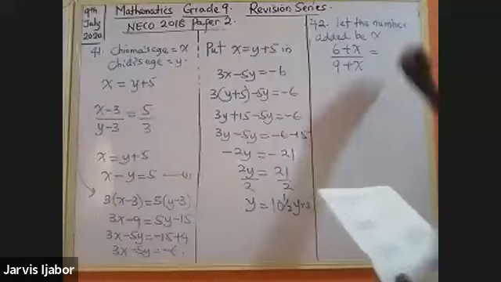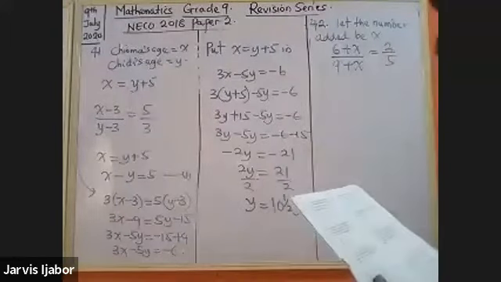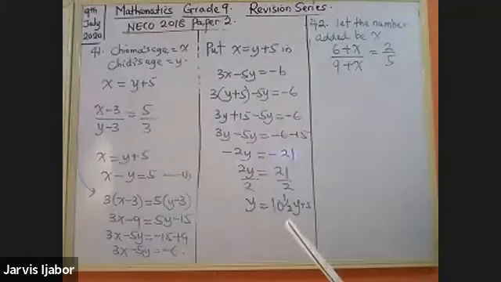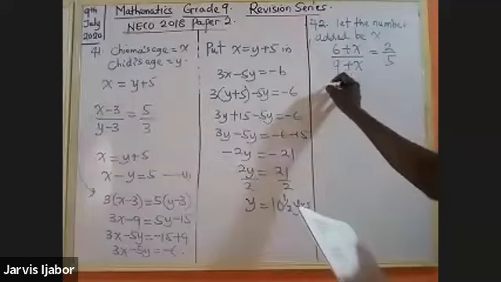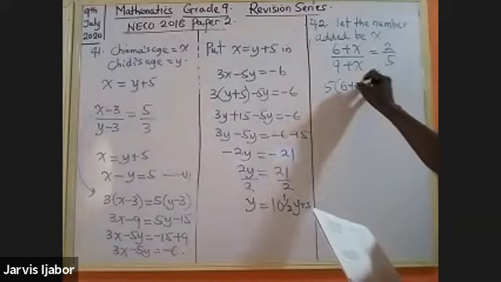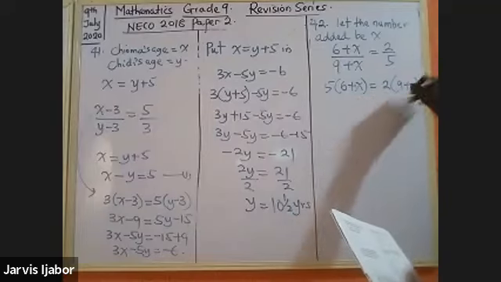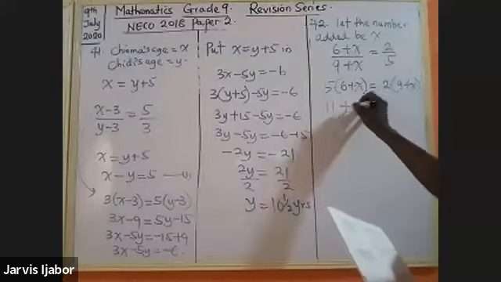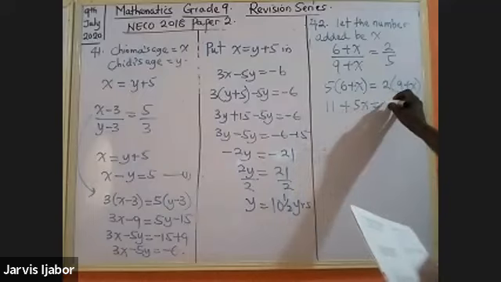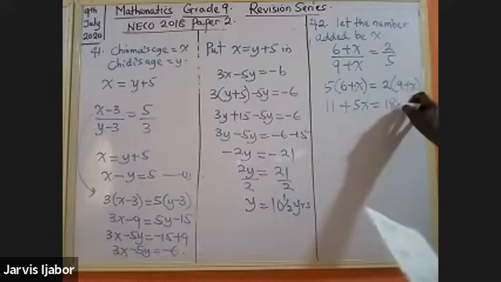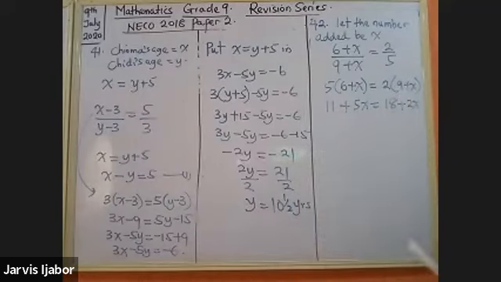The result is what? 2/5. Beautiful. What is the number added? So find x. So this will be 5 into 6 plus x equal to 2 into 9 plus x. 11 plus 5x will be equal to 18 plus 2x.